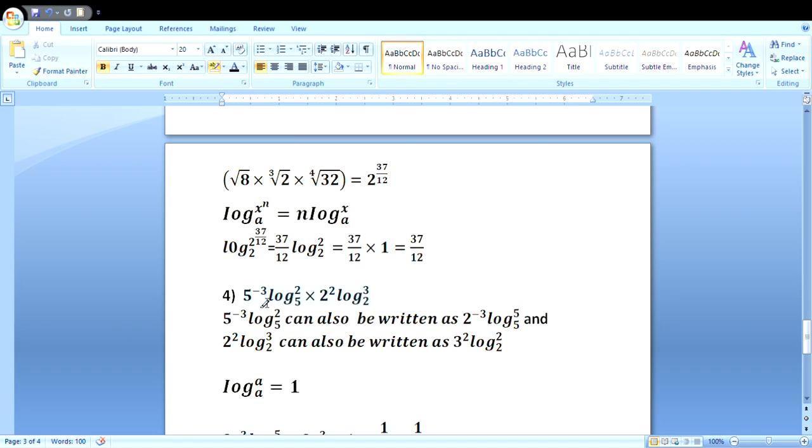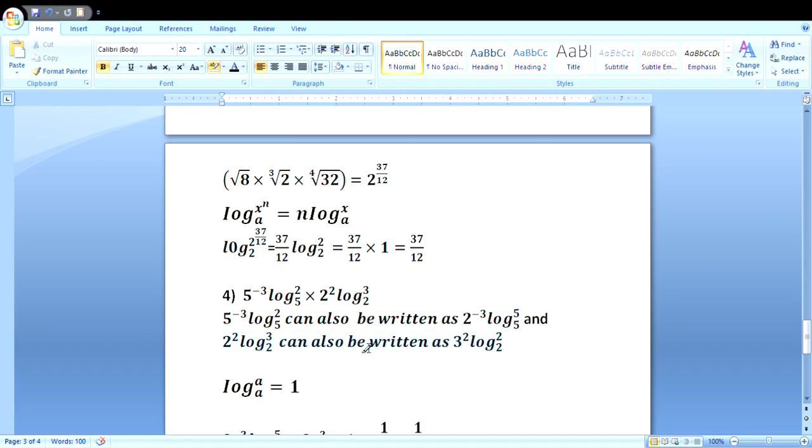But the power minus 3 and the power 2 are unaltered, so they are not tampered with. So 5 raised to power minus 3 log 2 to base 5 can be written as 2 raised to power minus 3, because the 2 is now replacing 5 and 5 is now replacing 2, to become log 5 to base 5.